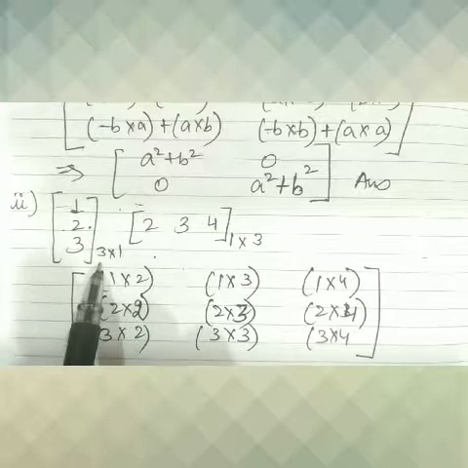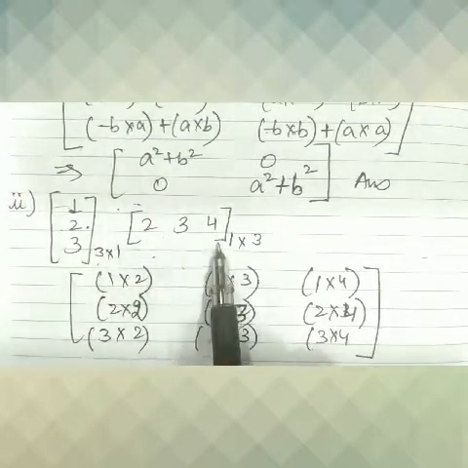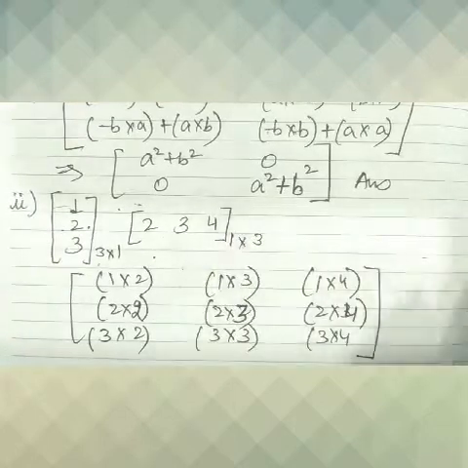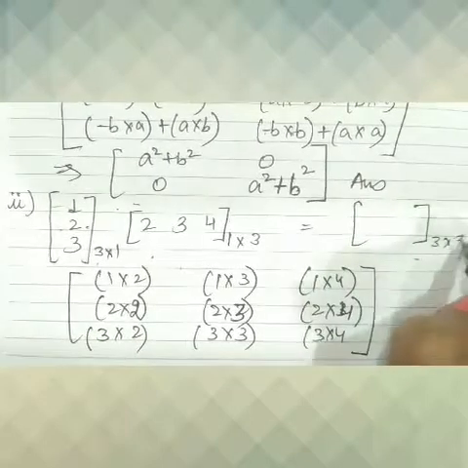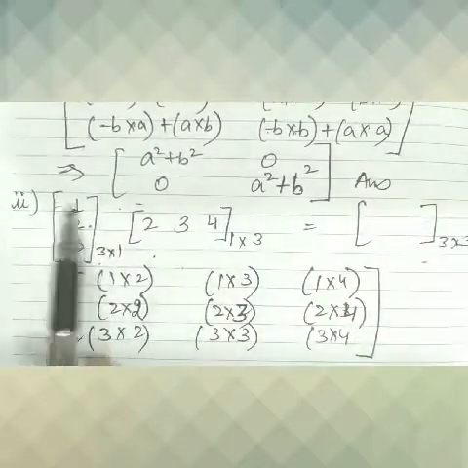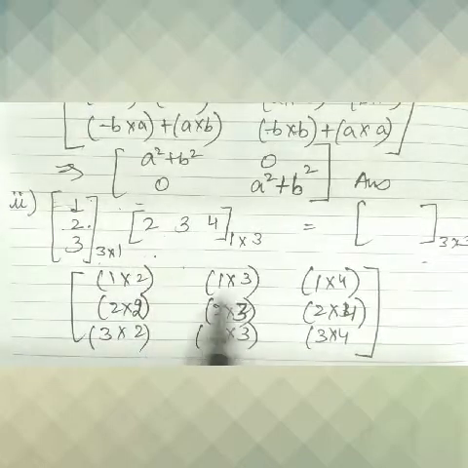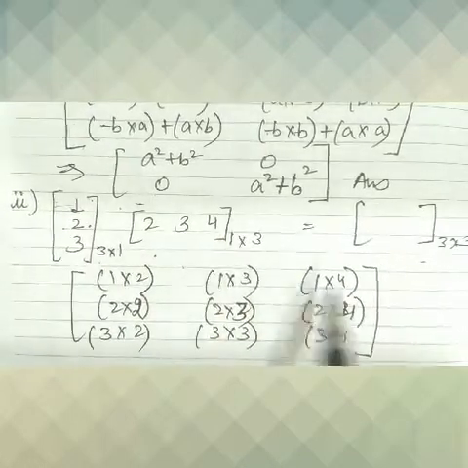Second, first matrix is of order 3 by 1, 3 rows 1 column. Second matrix is of order 1 by 3, 1 row and 3 column. So our resultant matrix will be of order 3 by 3. First row, first column, first row, second column, first row, third column.